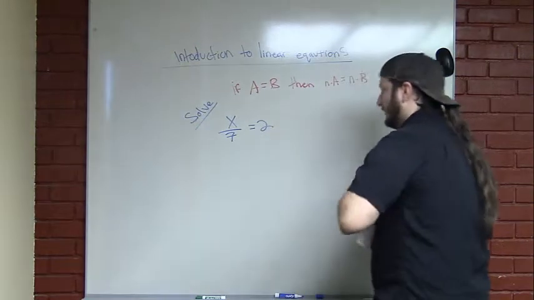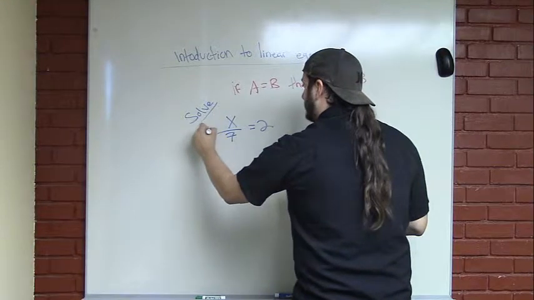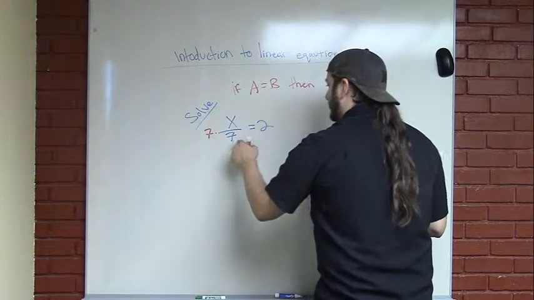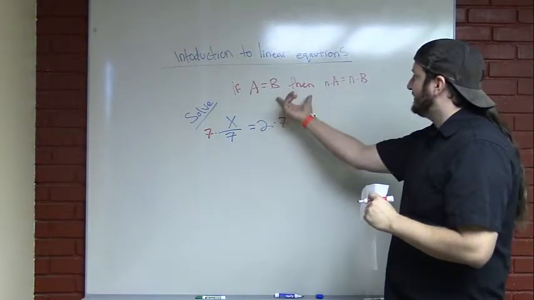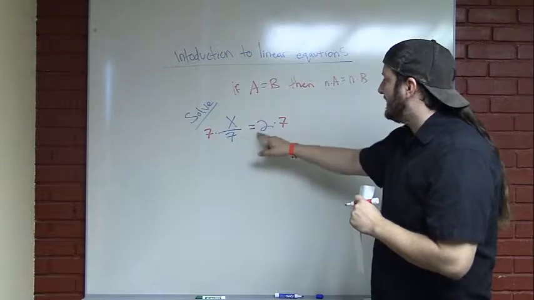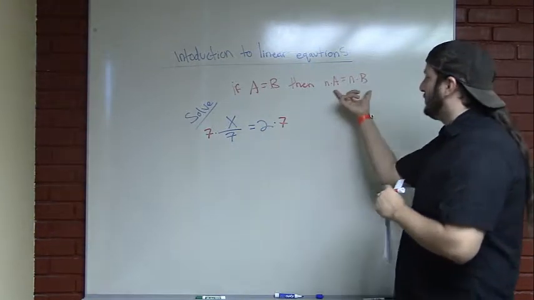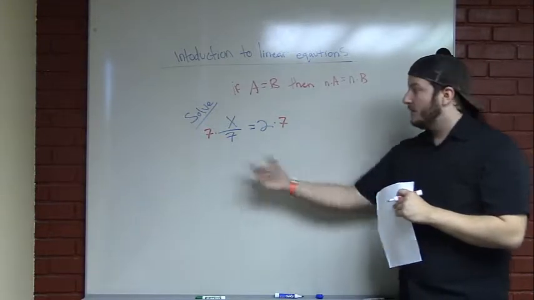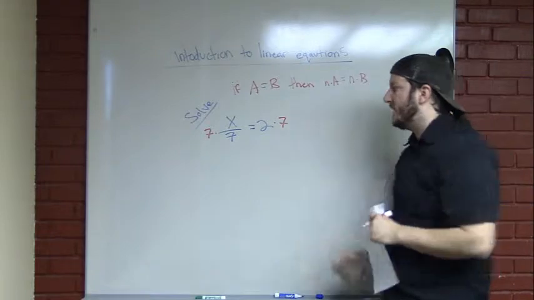Try to get some color coding here. Multiply both sides by that number. So 7, and then on this side as well. And this is what this is saying. This x over 7 is like your a, equals, this 2 is like your b, okay? And then all you're doing is you're multiplying both sides by something, by 7, okay? But if you do it on the left, you have to do it on the right, okay?